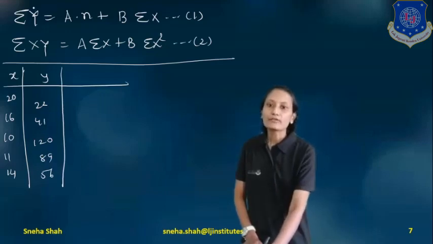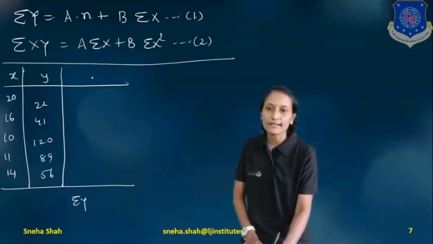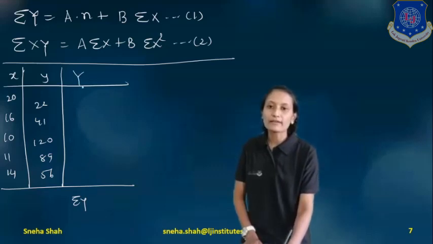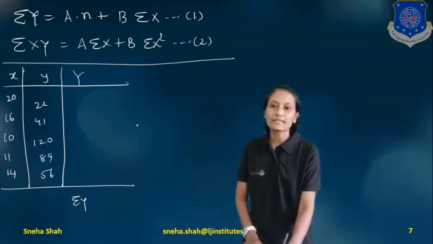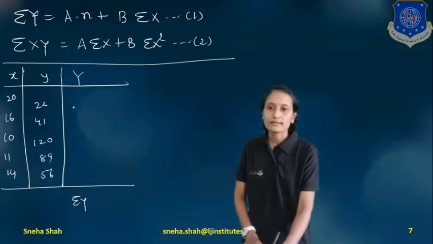Right. Now I have to find out the value of summation y. So how will we find the value of summation y? By taking the summation of all these values, right? So for that, first of all I have to find out the value of capital Y. Now what is the value of capital Y? Log 22 equals this.